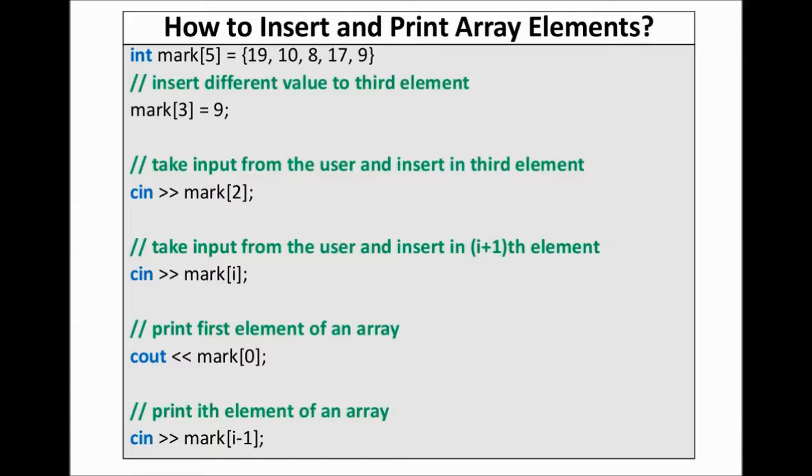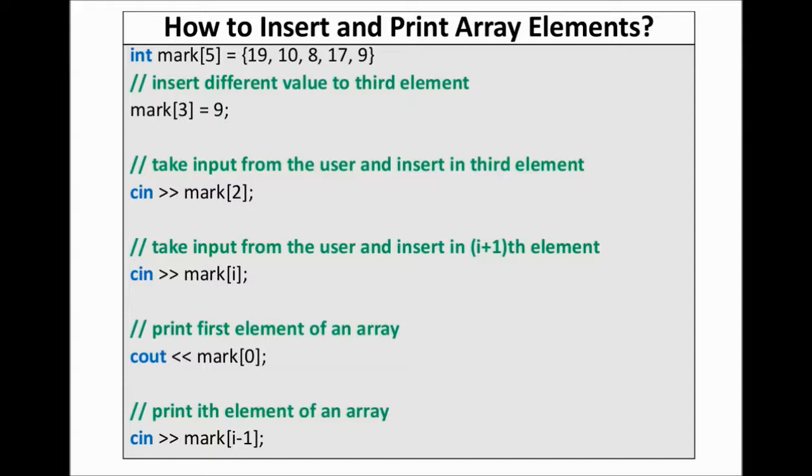So at 0 position it has the value 19, at first index it has the value 10, at second index it has value 8, at third index it has the value 17, and at index 4 it has value 9.